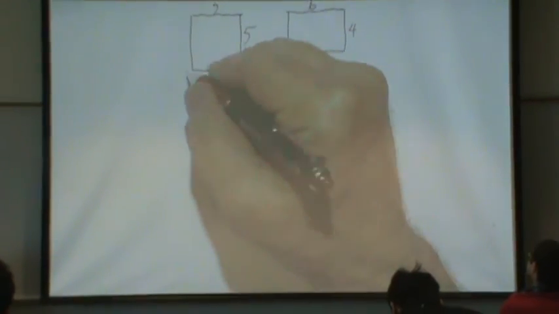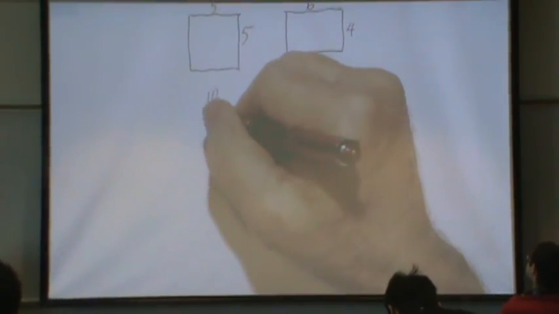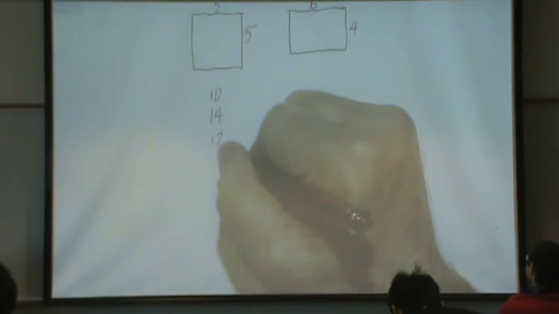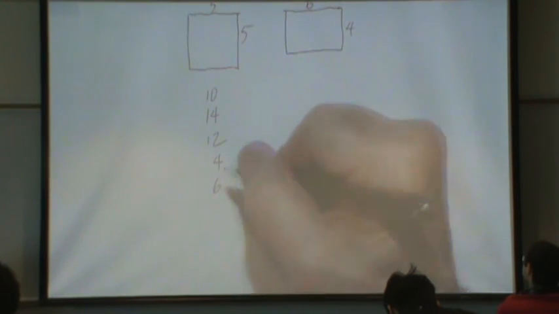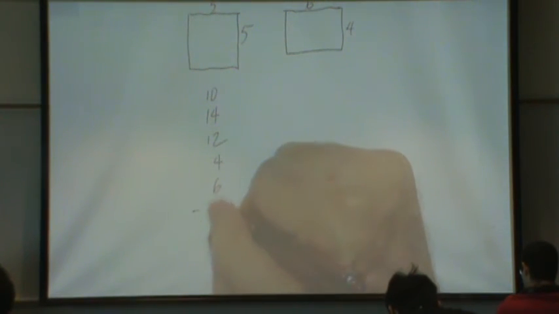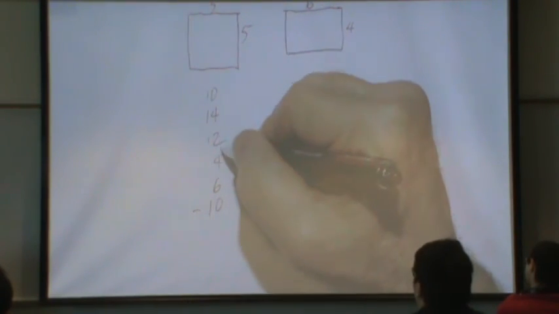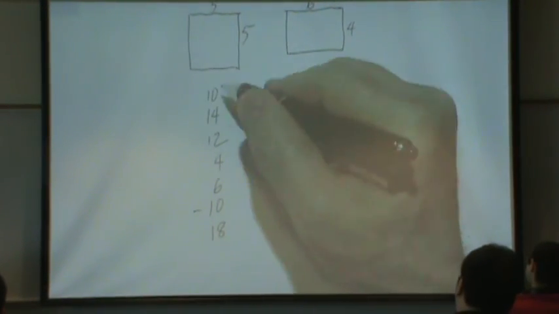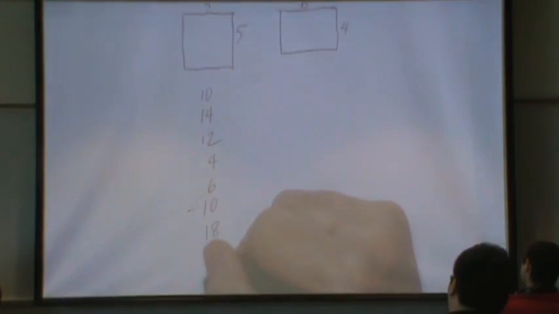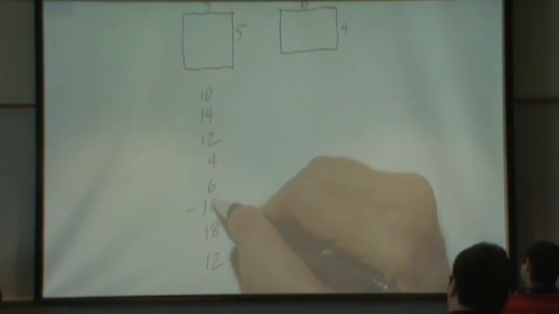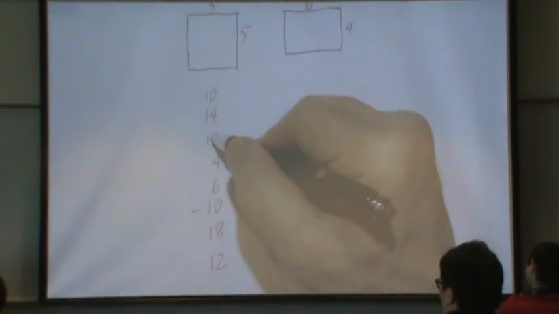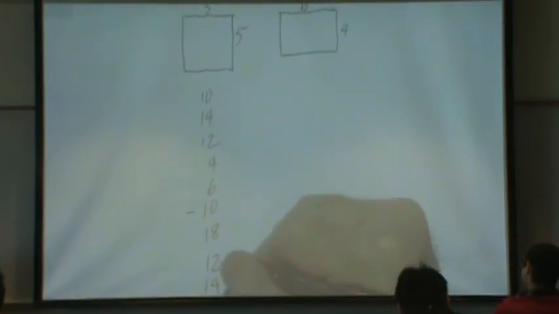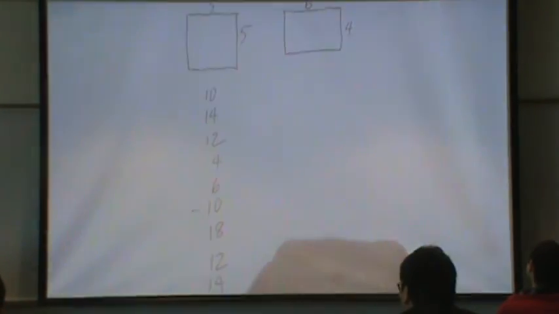Let's look at these numbers. 10, 14, 12, 4, 6, minus 10, 18, 1, 2, 3, 4, 5, 6, 7, 12, so that's 30, 20, 30, 42, 56, 66, 14. 1, 2, 3, 4, 5, 6, 7, 8, 9, and 10.